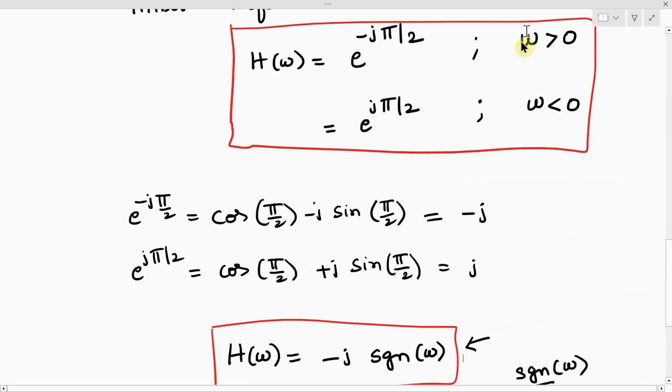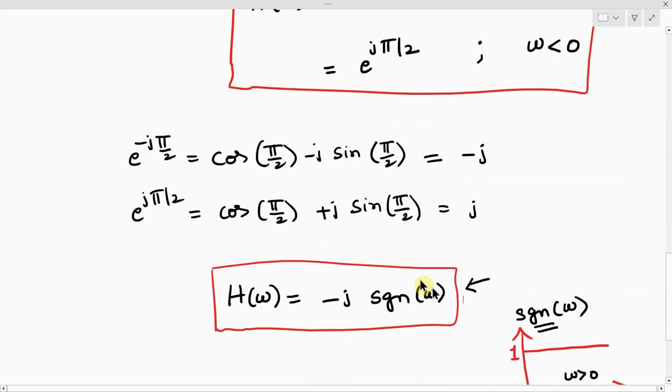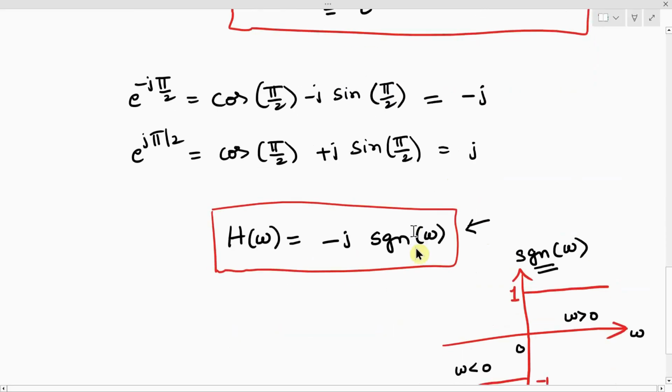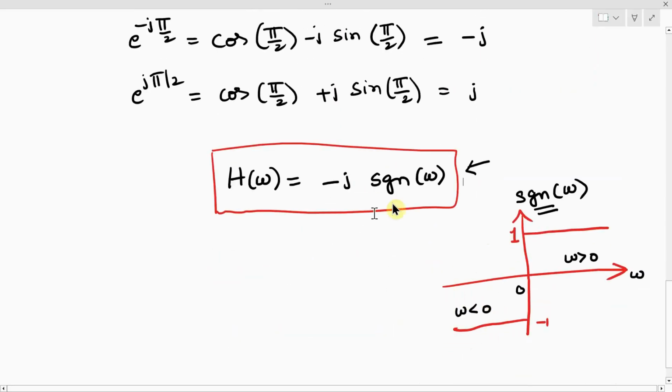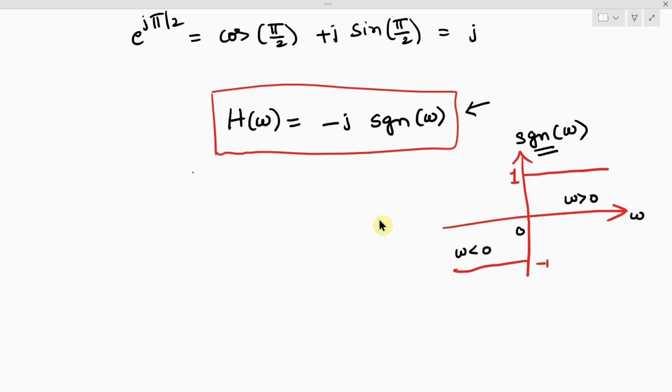For positive frequencies, you get minus j because the signum function becomes 1. And for negative frequencies, the phase shift should be pi by 2, that's why you get plus j, since the signum function becomes minus 1. So that is how we got a single definition for H of omega.